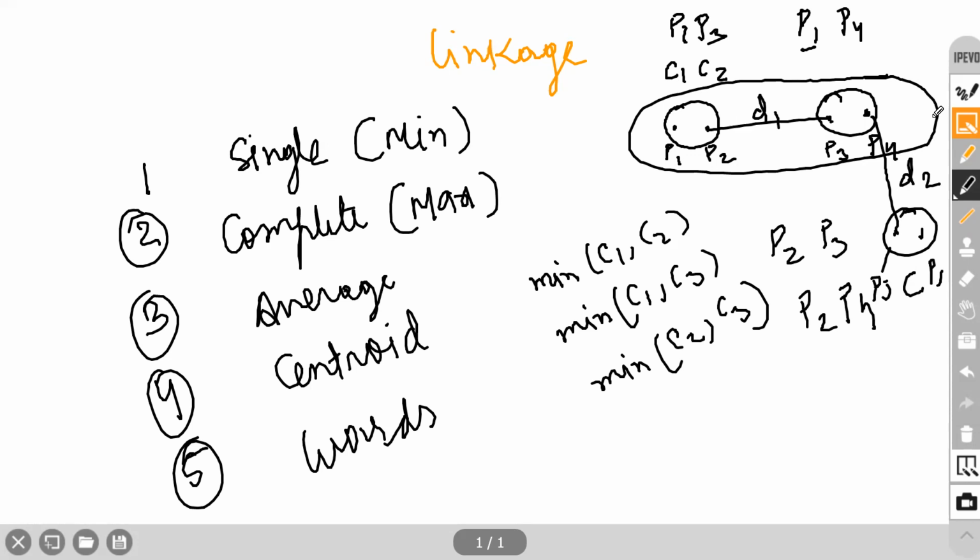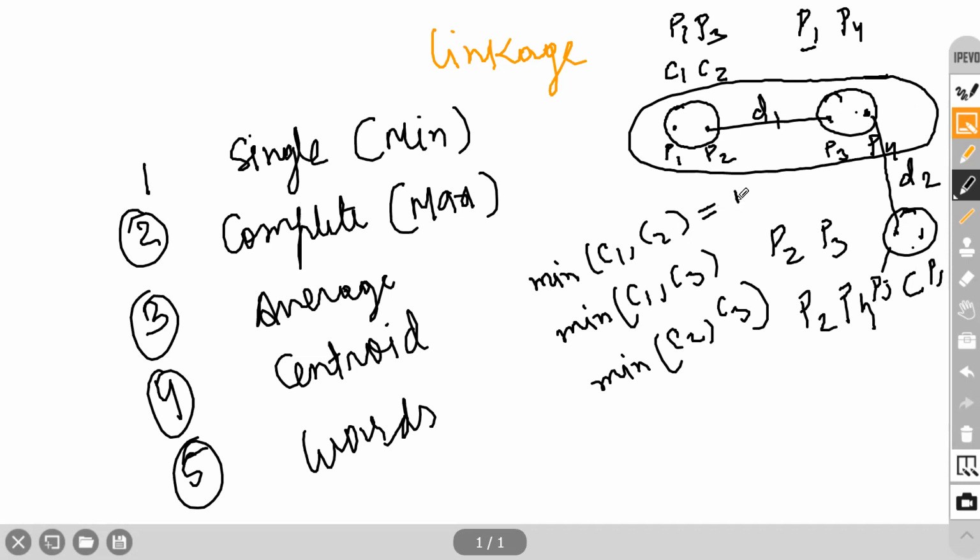Got it? So from P1, P2 and P3, P4, P2 and P3 are at minimum distance, which is why we create this merge. See, I am measuring the distance between cluster 1 and cluster 2, cluster 1 and cluster 3, and cluster 2 and cluster 3. Whatever the minimum distance between two clusters is, I find it out.